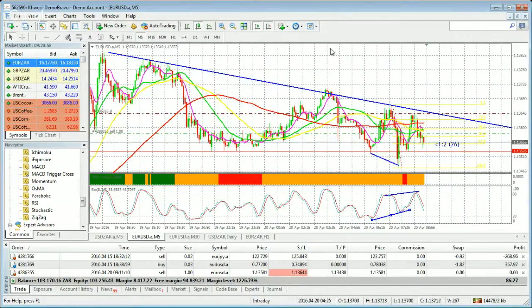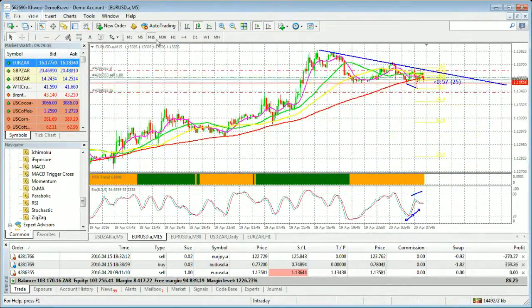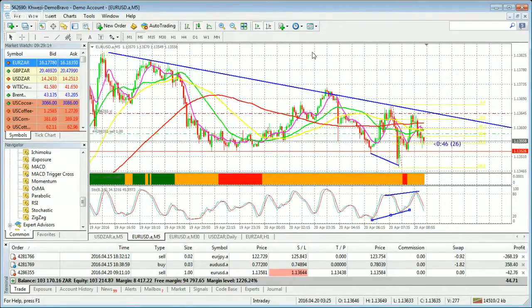Still a while ago. About 20 odd seconds now before that candle finishes.